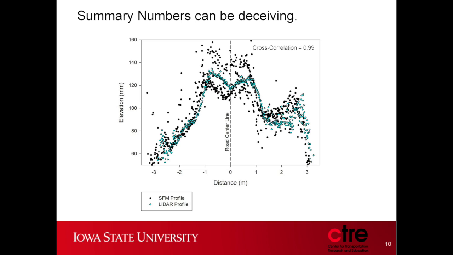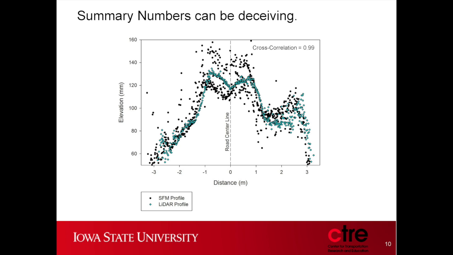Cross-correlation relies, to some extent, on the variance of each point cloud. If you have a very high variance point cloud, which is a scattered point cloud, and a very concentrated point cloud, even if they don't match, one of them would eat the other. The scatter of the first point cloud would eat up all the errors, and it would show up as if it's a high cross-correlation. Why?